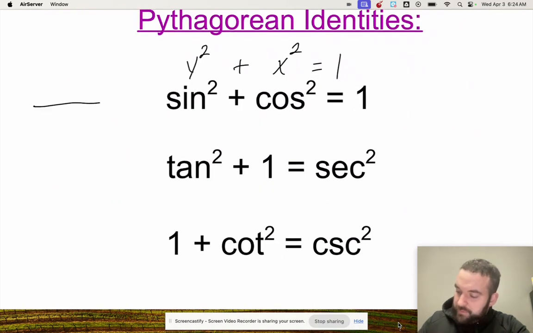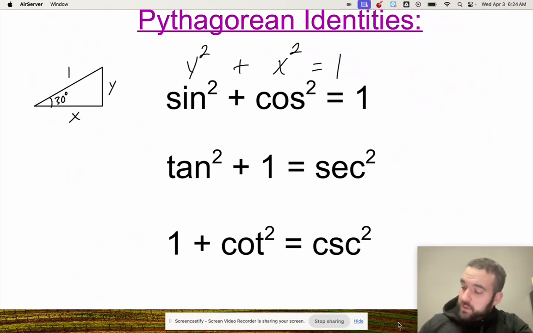That comes from the fact that if I were to draw a right triangle like I would have on the unit circle, if I go 30 degrees here, this is y, this is x, and we know on the unit circle that's 1. So what I essentially have is the Pythagorean theorem within the unit circle. Sine squared plus cosine squared will always equal 1, because on the unit circle, those each correspond to a leg of the right triangle.